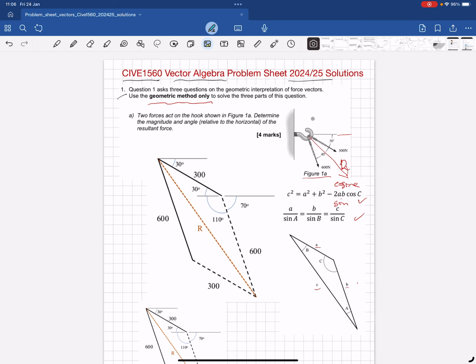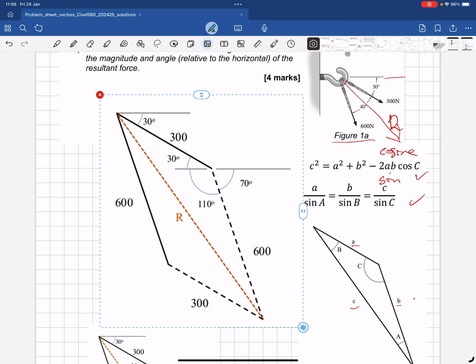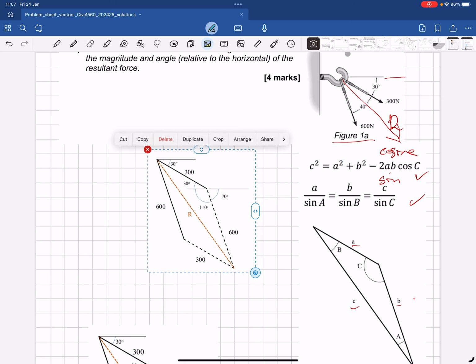Okay, I'll draw this a little bit big. Let me make it a bit smaller. Okay.